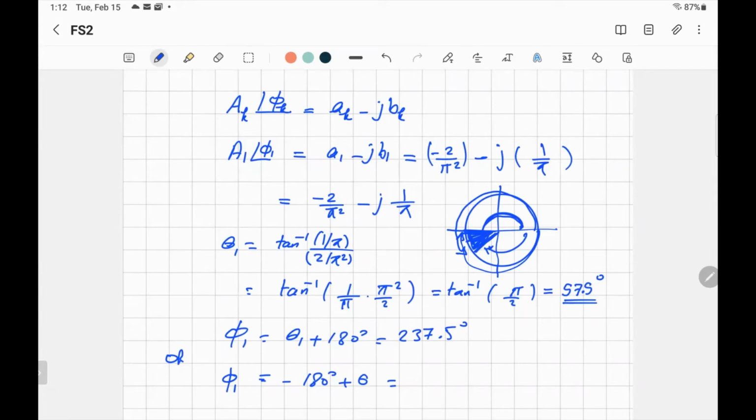You get negative 122.5 degrees. Because usually they don't like to express angles more than 180 in magnitude. So if it exceeds 180, you make it from the negative side. And if it's negative, exceeding negative 180, you make it the other side. That's what they like. But both answers are right. This is the phase shift.